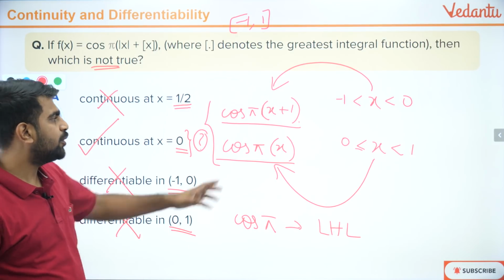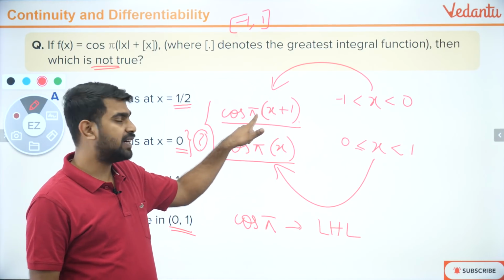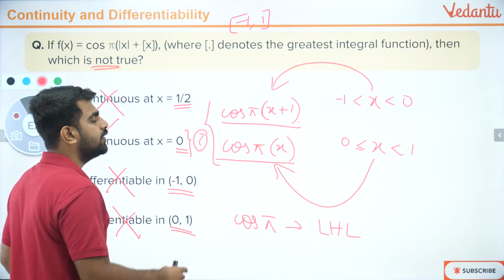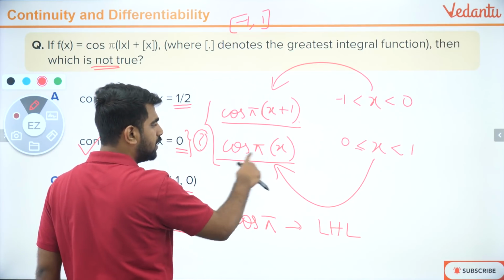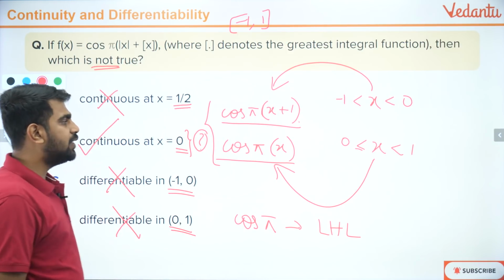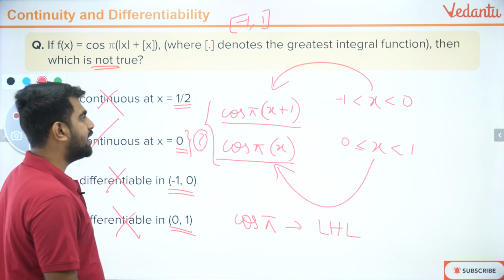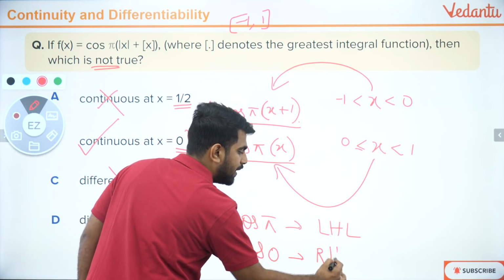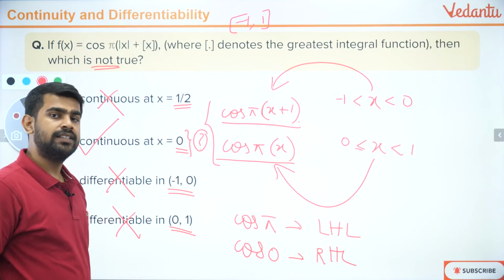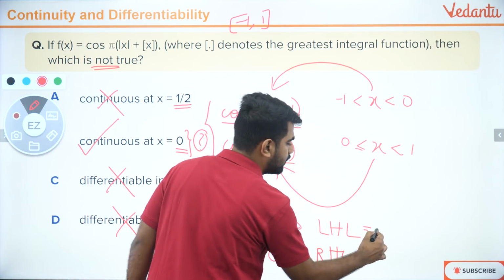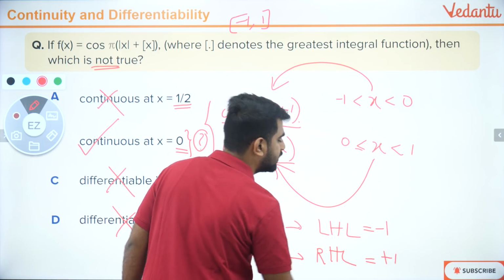Because I put x equal to 0 and this is the function to the left of 0, and to the right of 0 this will be the function, and if I put x as 0, I will get cos of 0 as my RHL. So my LHL is going to be -1 because cos of pi is -1, and my RHL is going to be +1.